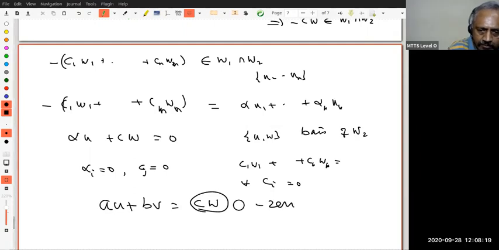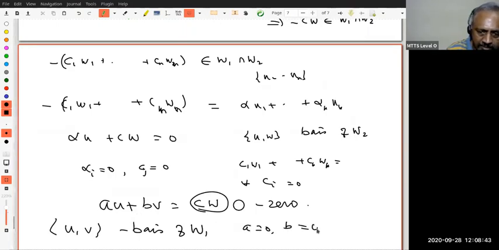Again, AU stands for a1 u1 plus ... plus ak uk and BV for b1 v1 plus ... plus bm vm. That is 0. But what do I know about U and V? This is the basis of what? Of W1. That means it's linearly independent. That means all my a's are 0 and all my b's are 0. Do you understand this proof? I am not writing the indices a, b, j. You can do it on your own now.